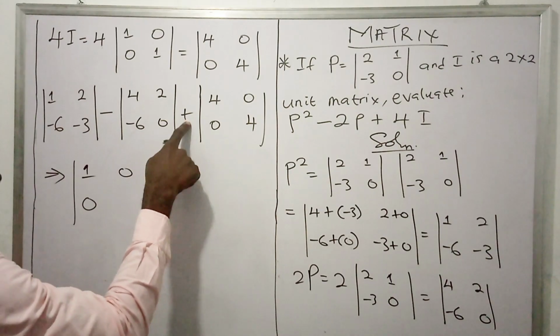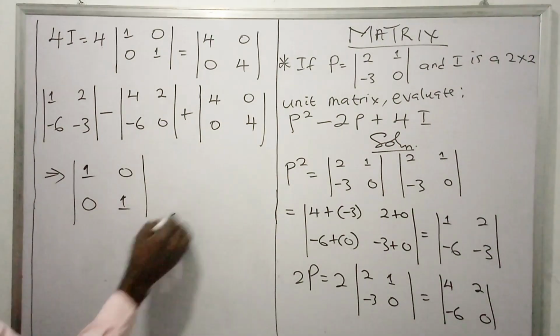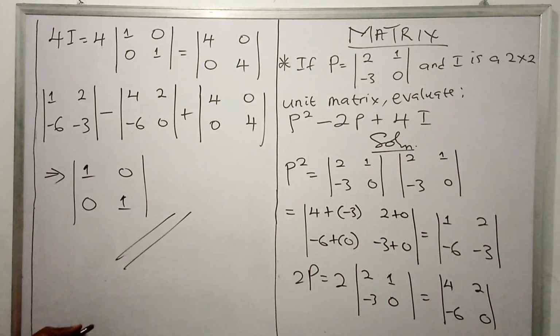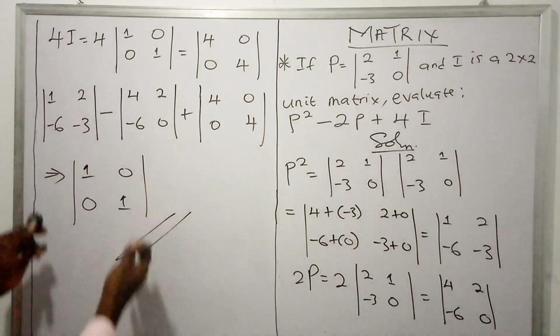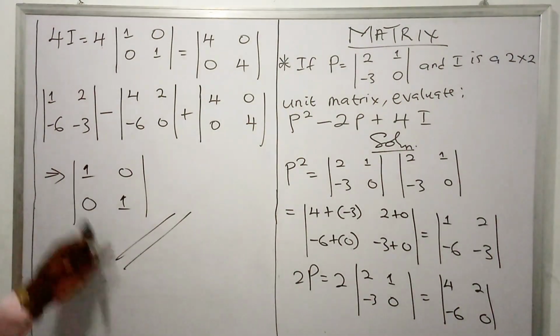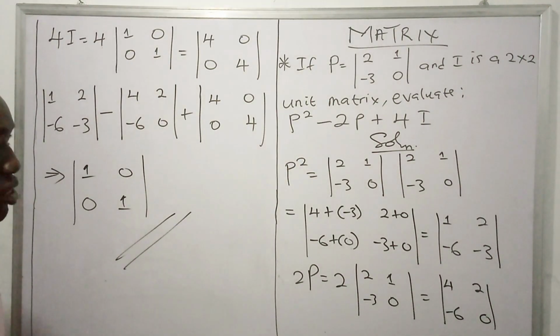Then minus 3 minus 0 is minus 3, and minus 3 plus 4 gives us 1. So in other words, we end up with a 2 by 2 identity matrix as our final answer to this question. That will be the size of the package today.